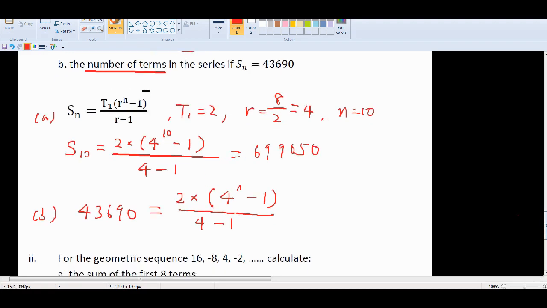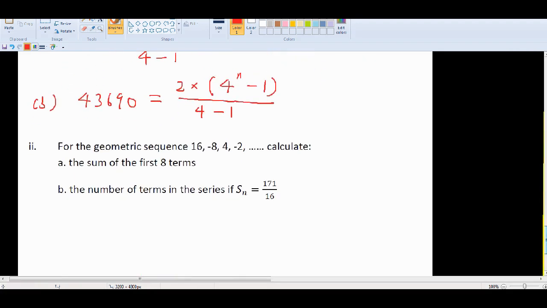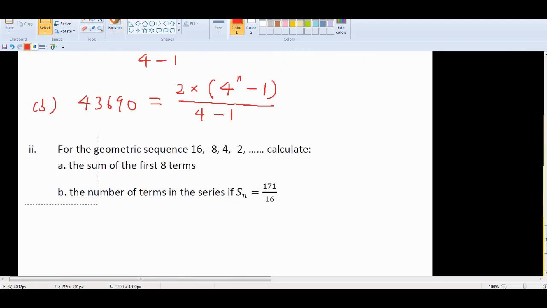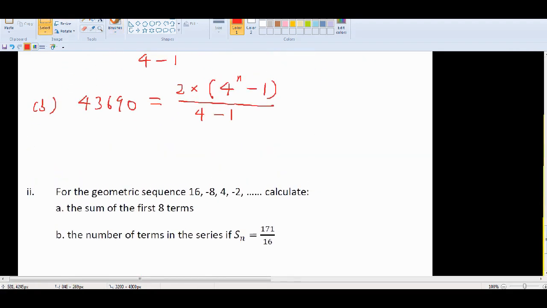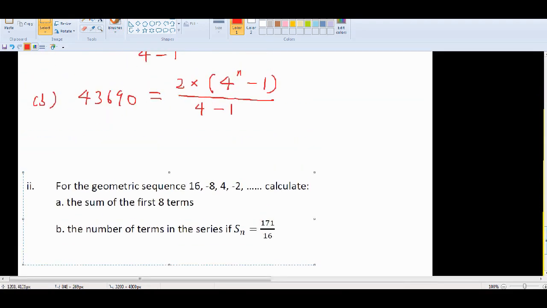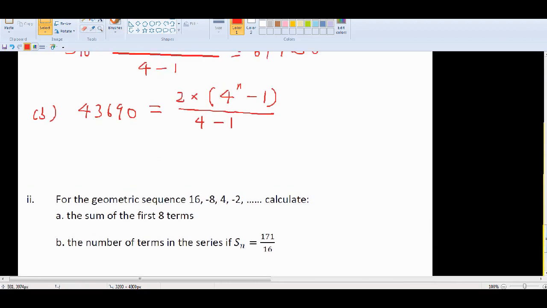But if you don't want to do any simplification in paper 2, that's still okay, but you might lose some marks. So I would try to do some simplification before we actually go for the calculator.